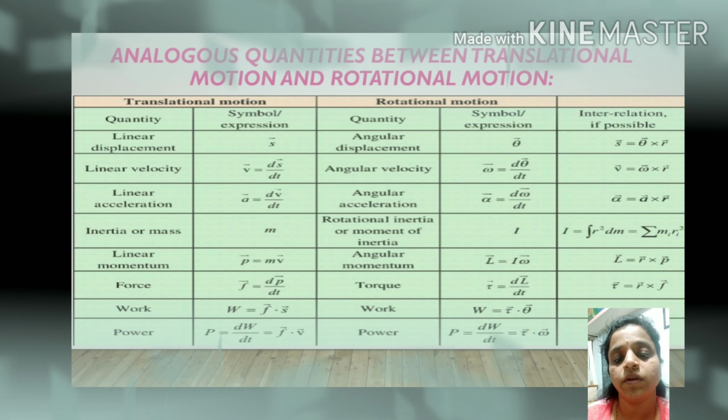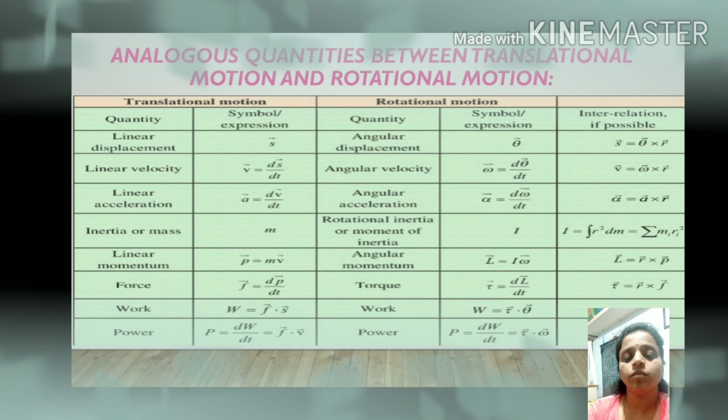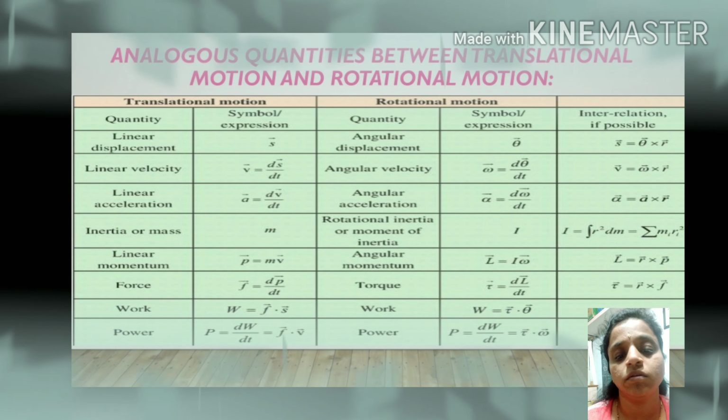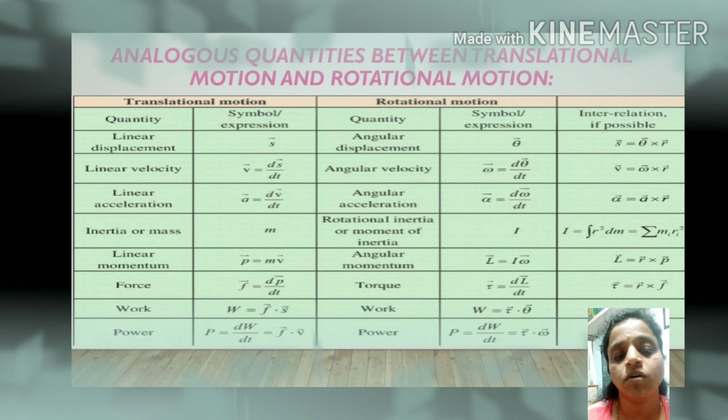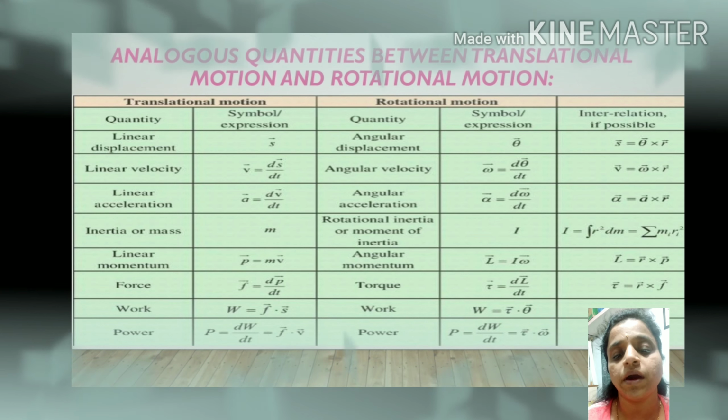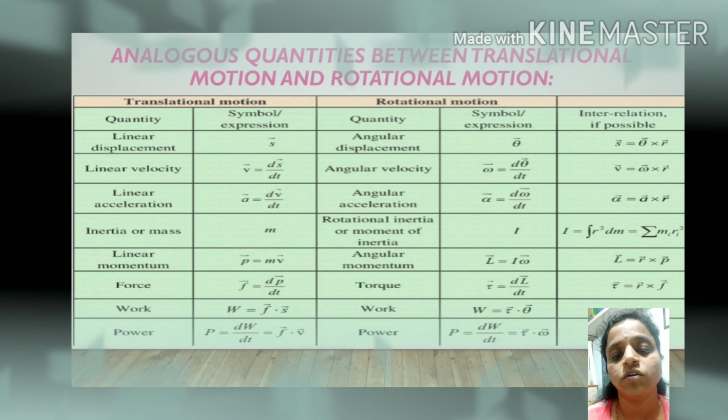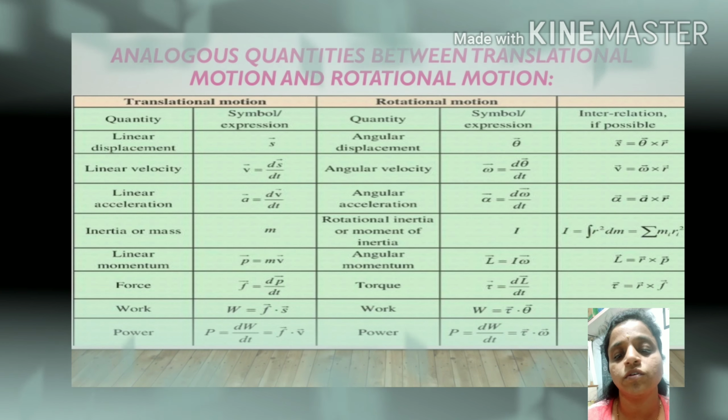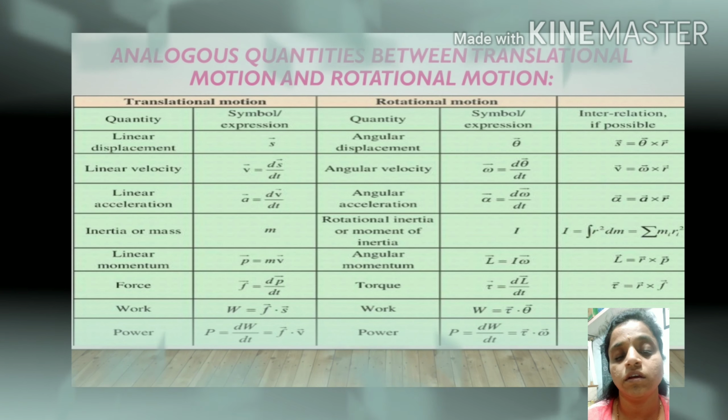So the interrelation between angular and linear quantity, torque and force, is tau bar is equal to r bar cross F bar. Here also r is coming previously.